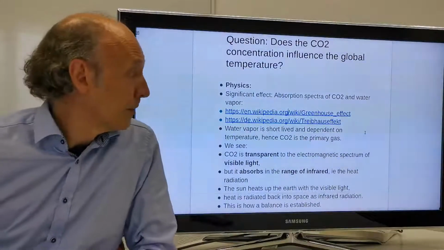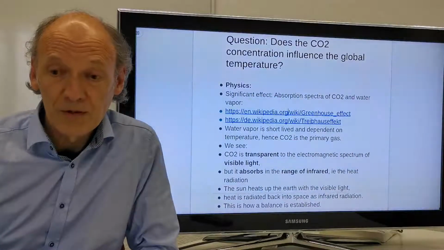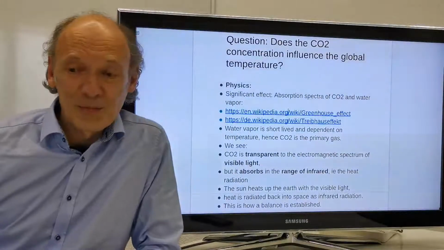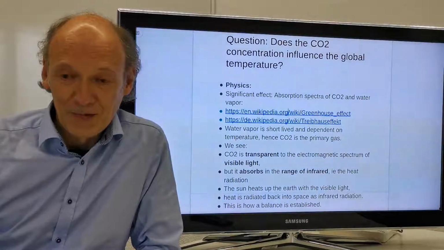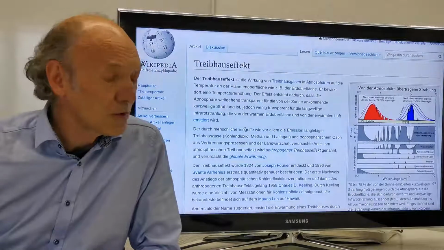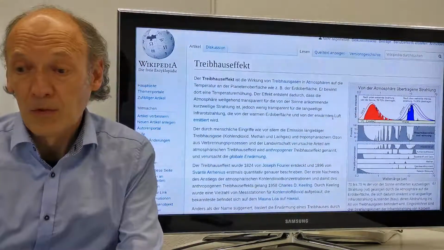So we can actually then look at the absorption spectra here in this German Wikipedia link, which I actually like better because it has a nicer plot for the absorption spectra, which we can see here. So here on the right-hand side, we can see the wavelength.